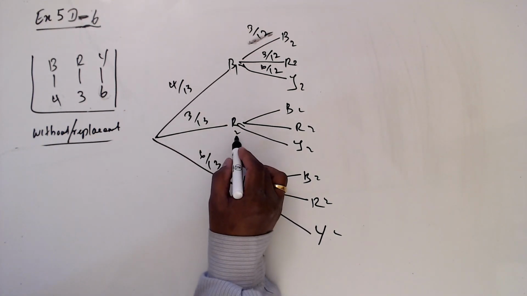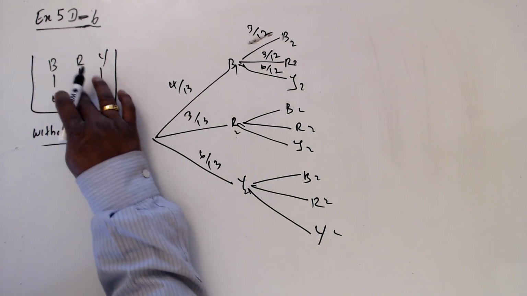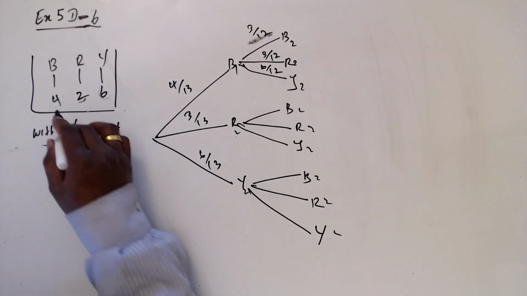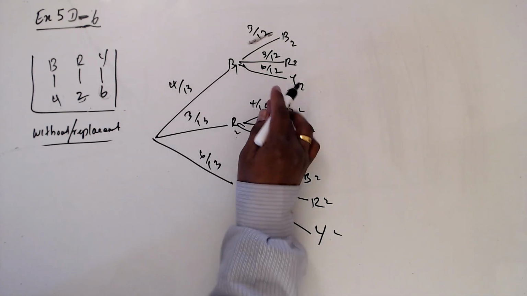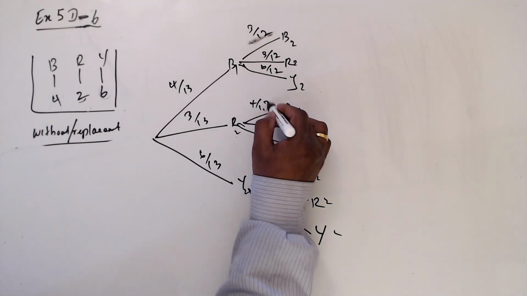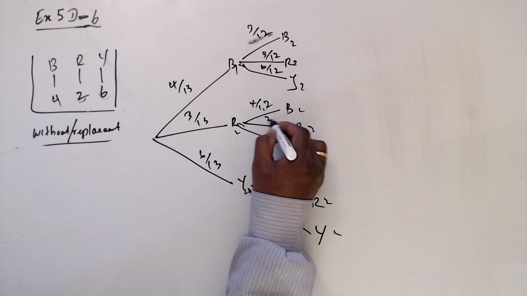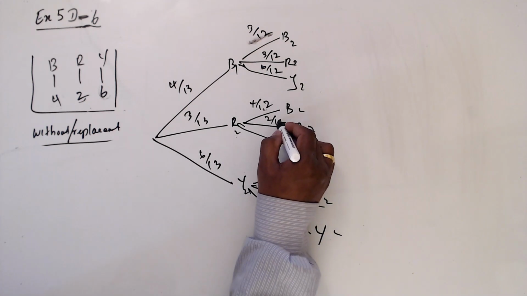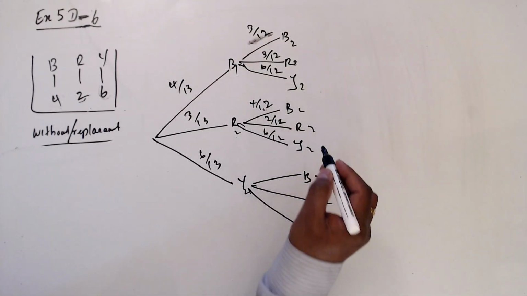If you pick up red, then you are not going to put it back. Then red becomes 2. Then blue 4 out of 12, because all 12 here. Then red 2 out of 12, and yellow 6 out of 12.